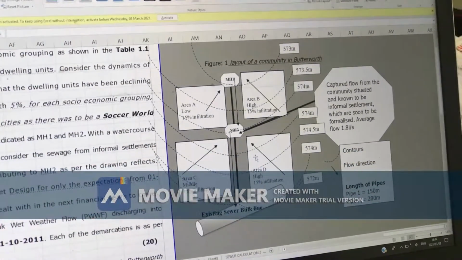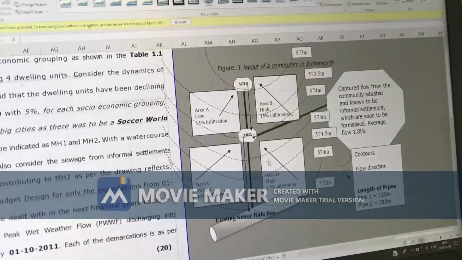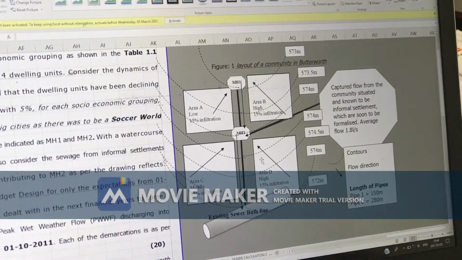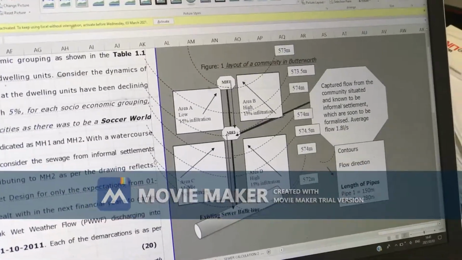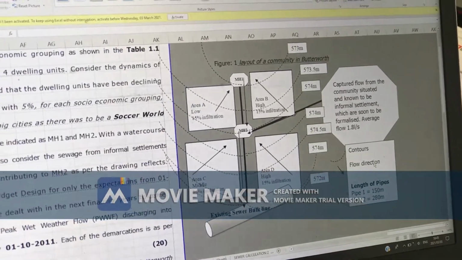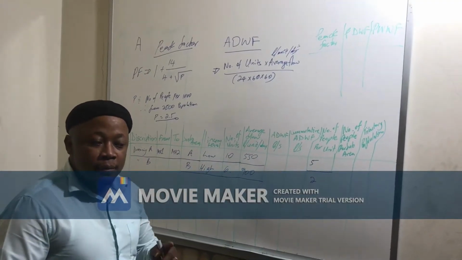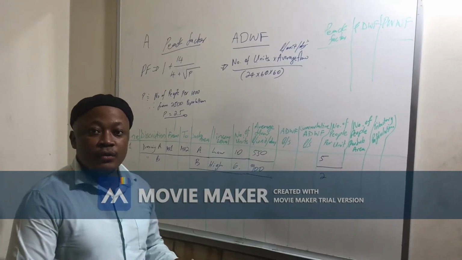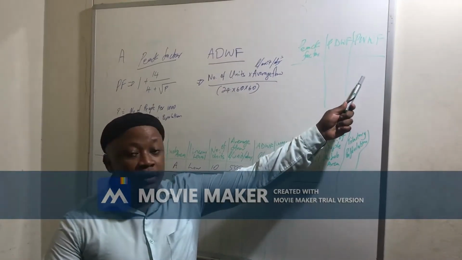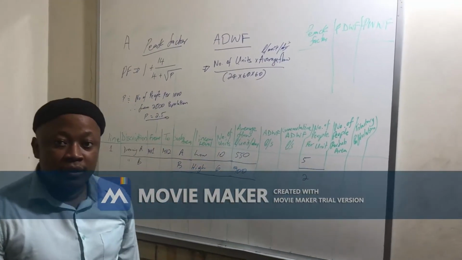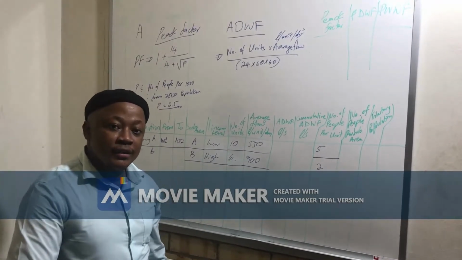All right, we're going to go on now and start the calculation. However, we are going to make sure that we consider all the lengths of pipe expected to be 150 to 80 and so forth. As per the question is suggesting that we calculate the PWWF, which is the peak wet weather flow, expected to be coming out of the settlement and the structure that is provided.